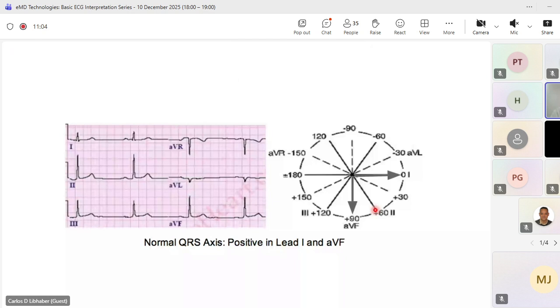This is a normal axis, which is positive in lead 1, not as much as in lead 2, because it's on lead 2 and AVF. This area from 0 degrees to plus 90 degrees, anywhere in here, is normal.